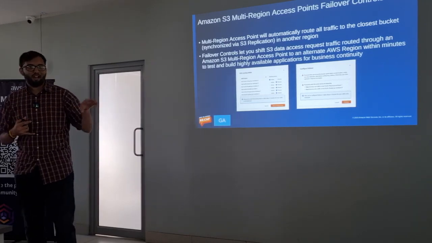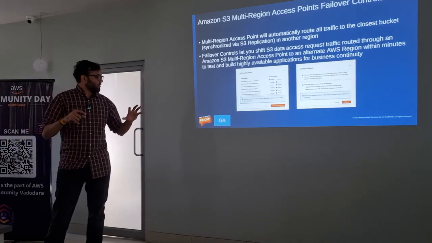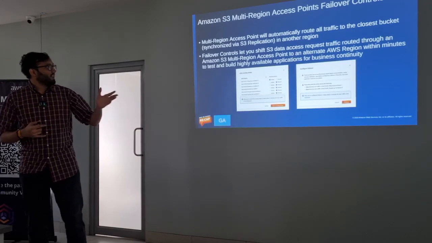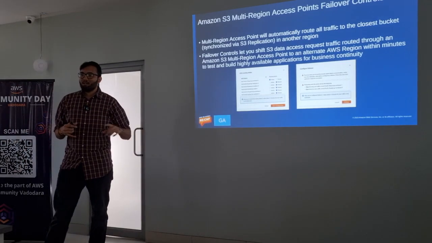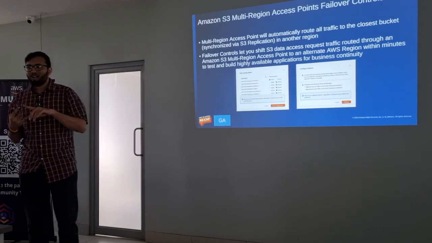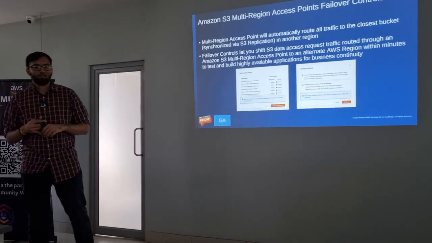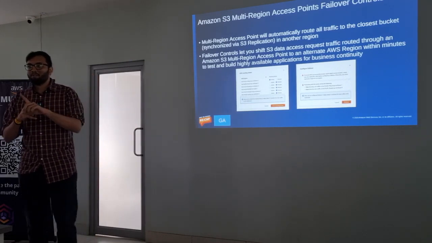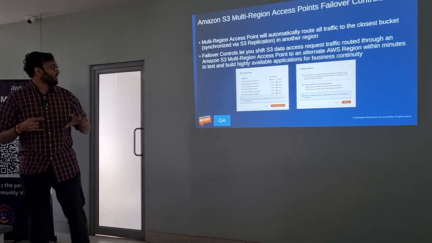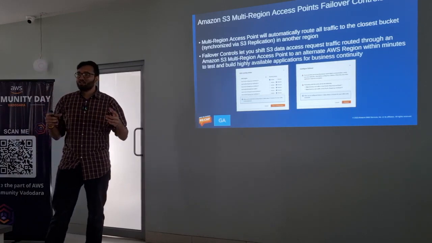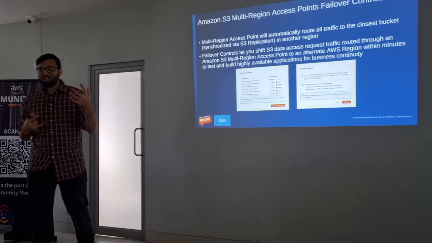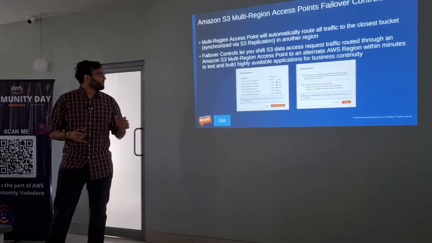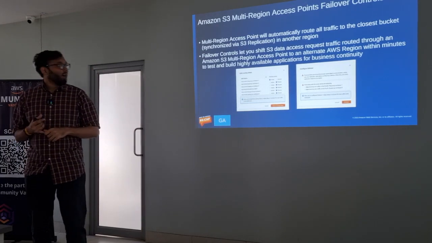So let's say I give multi-region access to a particular bucket, but for one region you can have only one bucket in the multi-region access. Let's say I have 3 buckets in 3 different regions. I combine them and give them one multi-region access. So now I have one multi-region access which can access my 3 buckets in 3 different regions, right? This is what's different about it.